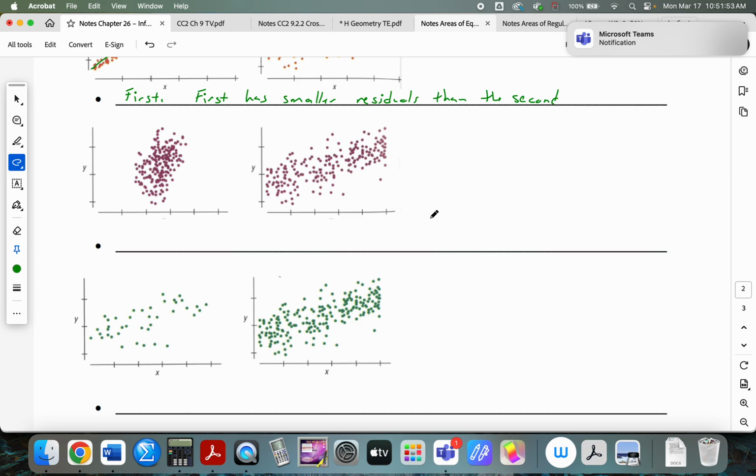What about this one? The second. Yeah, the second one. Why? It's more linear. Is that correct? Well, it's just not linear like this. No, there are gaps in the data.